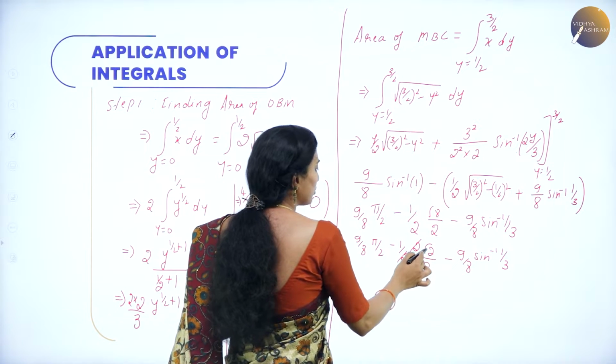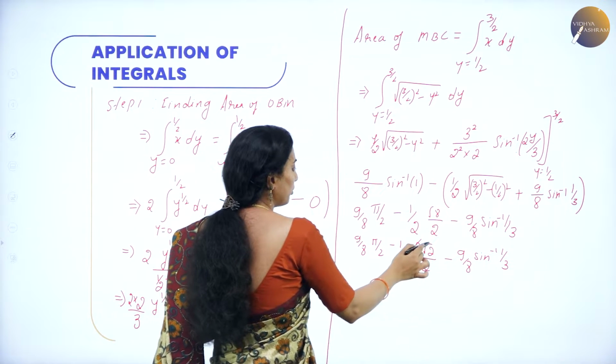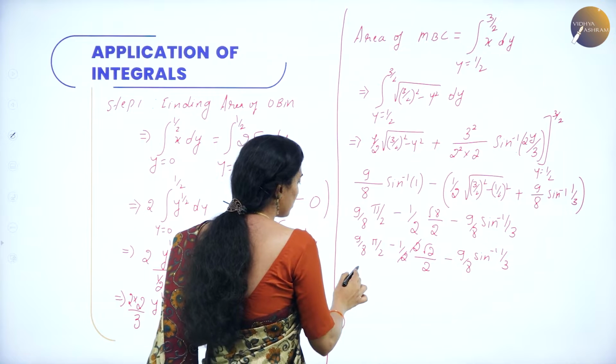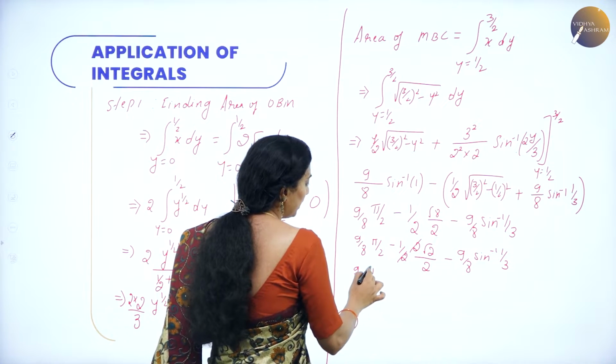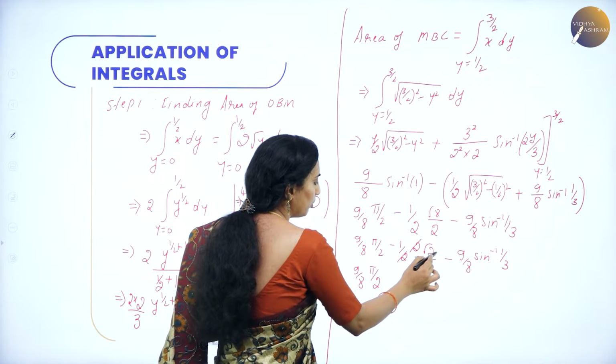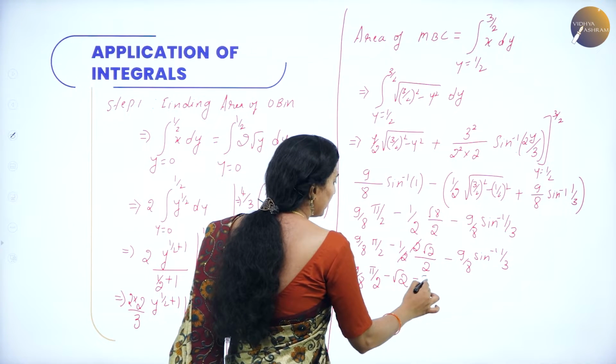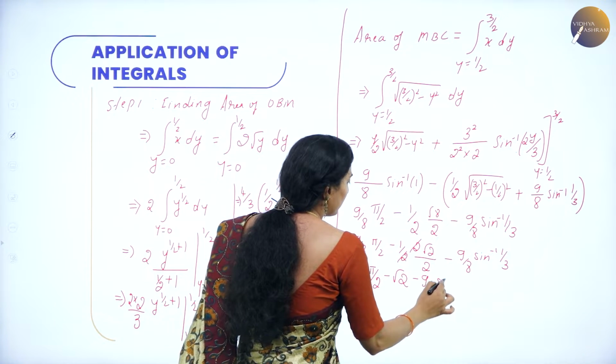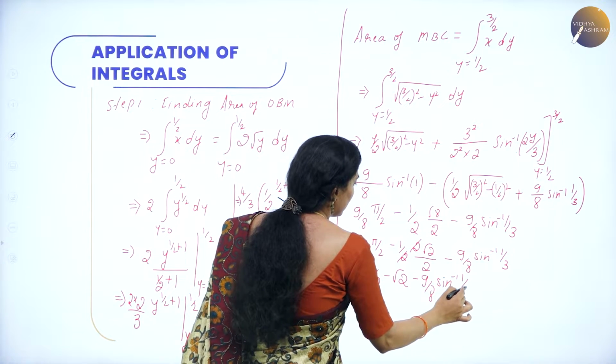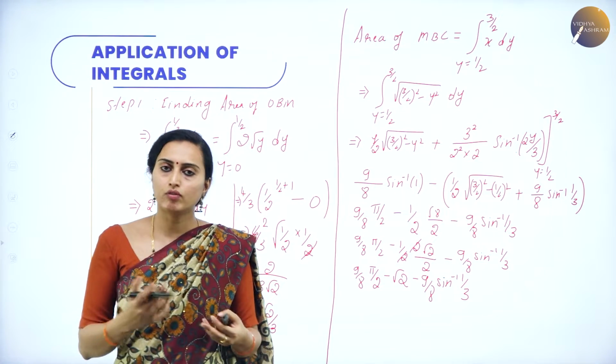So this can be written as root 2 into root 2. Again, root 2 will get cancelled. Remaining is this only. What is root 2? 9 by 8 into pi by 2. Here root 2 into root 2, 1 root 2 will be getting cancelled. Minus root 2 minus 9 by 8 into sine inverse of minus 1 by 3. Minus 9 by 8 sine inverse of 1 by 3.